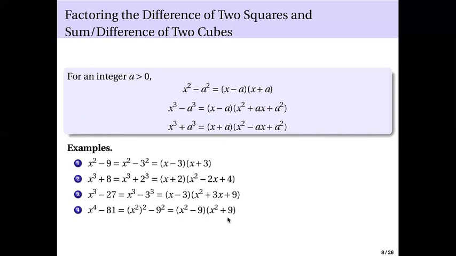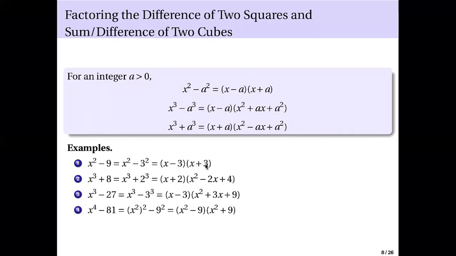Just like what I mentioned earlier. But for x squared minus 9, it's possible that this is not yet prime. In fact, it is not prime because you have your x squared, you have the minus, and 9 is also a perfect square. In the first example, x squared minus 9, we were able to factor it as x minus 3 times x plus 3.